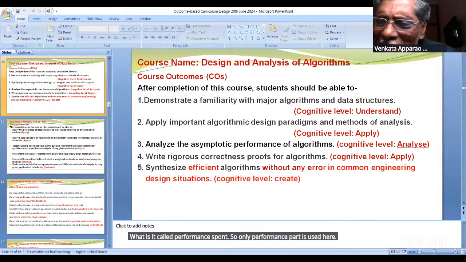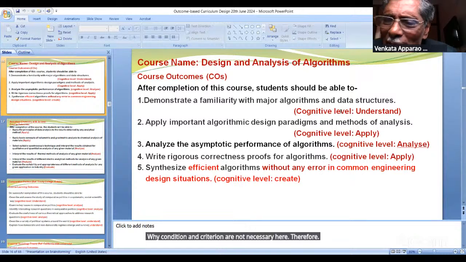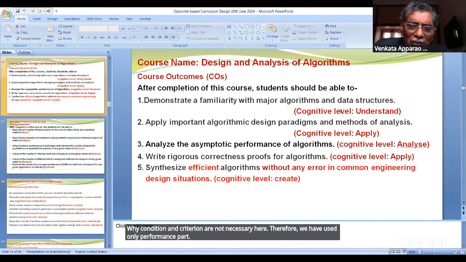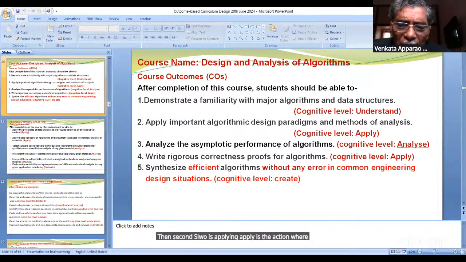Why? Condition and criterion are not necessary here. Therefore, we have used only performance part. Then second CO is apply. Apply is the action verb. Important algorithmic design paradigms and methods of analysis.